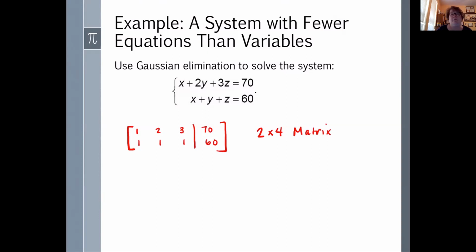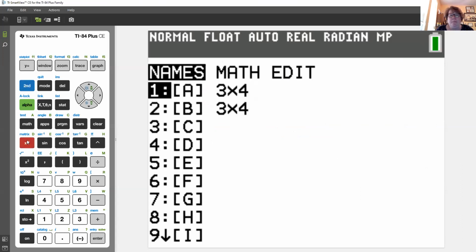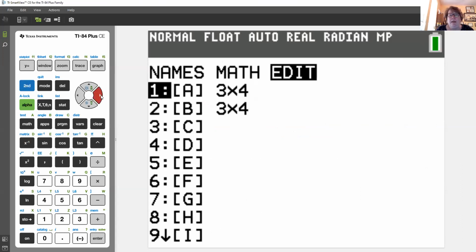All right, so let me go back to my calculator. I might as well put this matrix in matrix C since I've already used A and B. So I'm going to go to my matrix menu. I'm going to go over to edit, and I'm going to edit C, number 3.